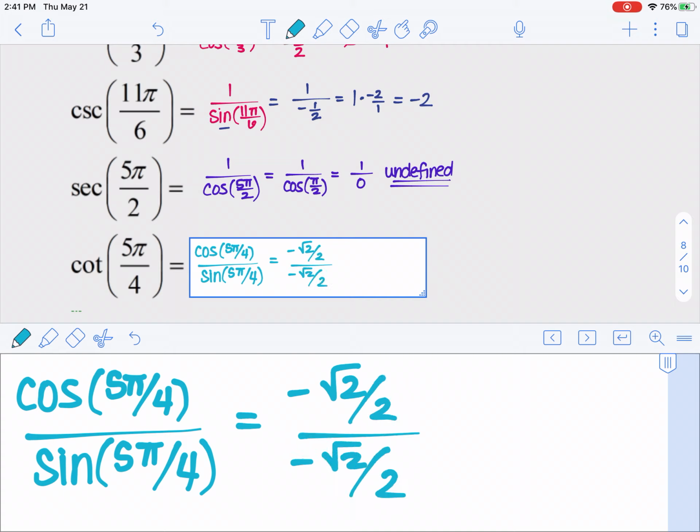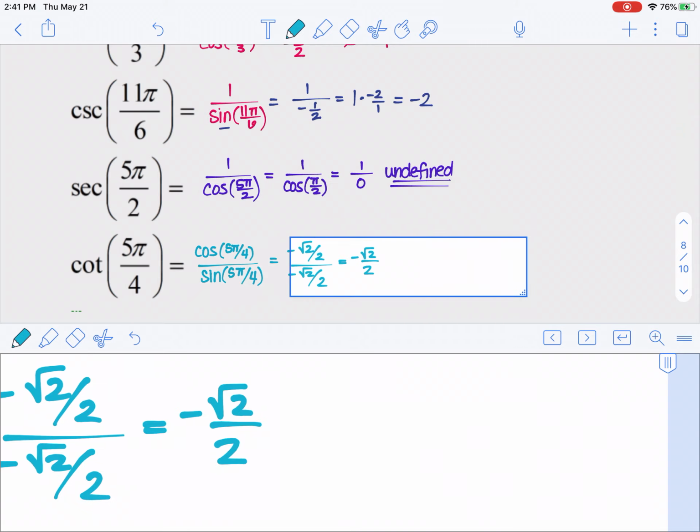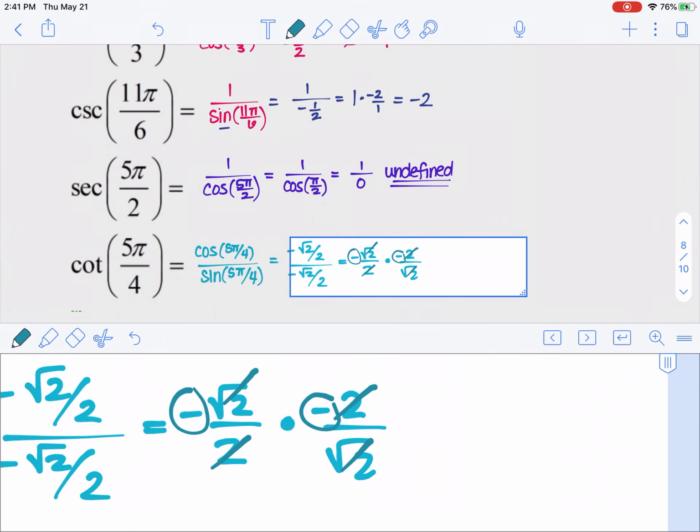Some of you can just realize it's the same on the top and the bottom, and so you know what the answer is. If you're not sure, certainly you can, instead of dividing by that fraction, multiply by its reciprocal. And then you're going to see a lot of those cancellations happen for yourself, right? A negative times a negative is a positive. And so what are you actually left with? You're left with a positive 1.